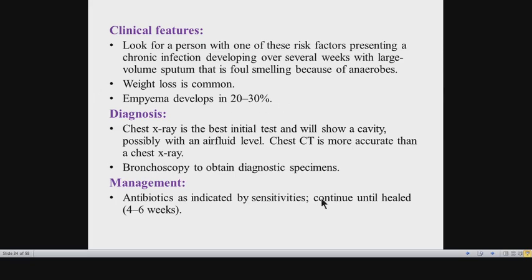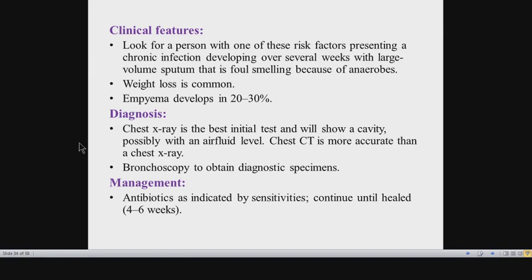In order to have an accurate diagnosis, you need to obtain diagnostic specimens from the abscess. So you need to do bronchoscopy with transbronchial aspiration of the abscess for culture and sensitivity. You will not just depend on sputum culture, because the sputum can be contaminated with the oral flora, and part of the oral flora we have some anaerobic bacteria, so this will not give you an accurate diagnosis.